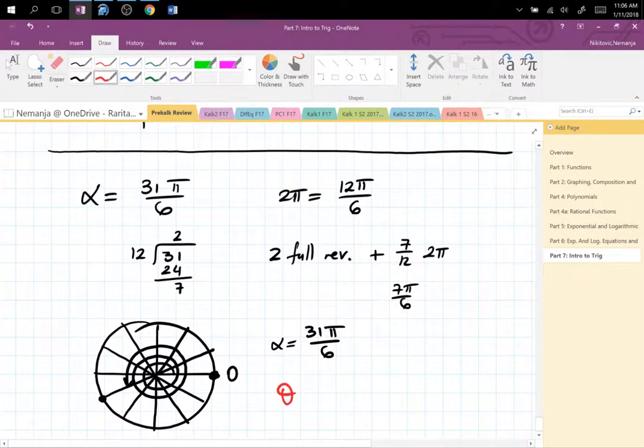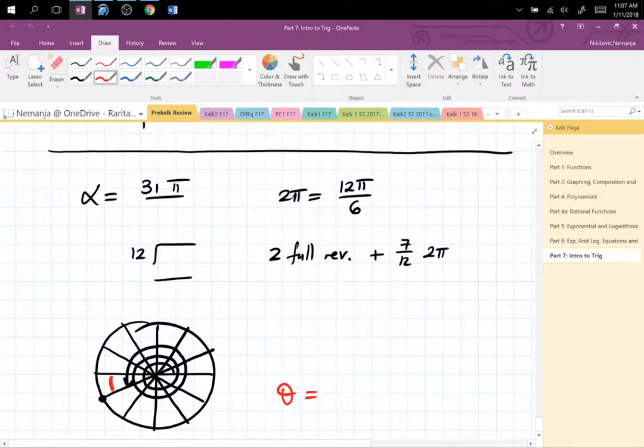Theta, which is the reference angle, you go to the closest x-axis, which is there. How much is theta? It's just the red part here.